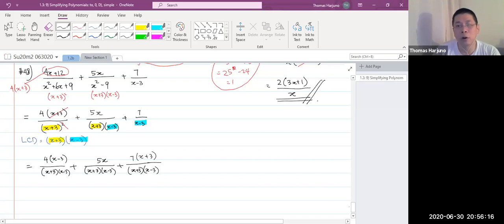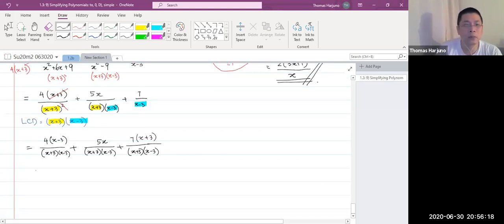Now, let's go on. This will then be, let me put them together. I think I can distribute them at the same time. It's all adding anyway, so there's no danger of distributing negative. 4x − 12 + 5x + 7x + 21.